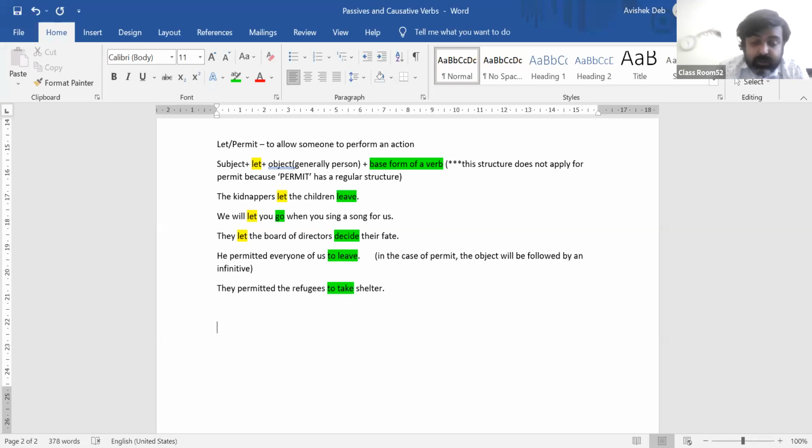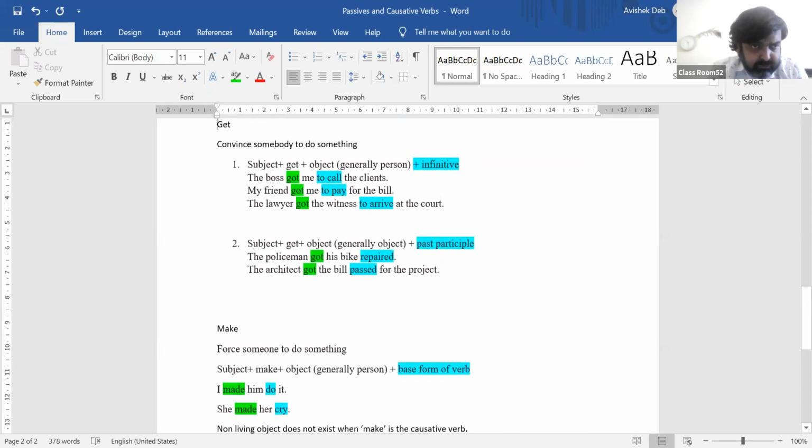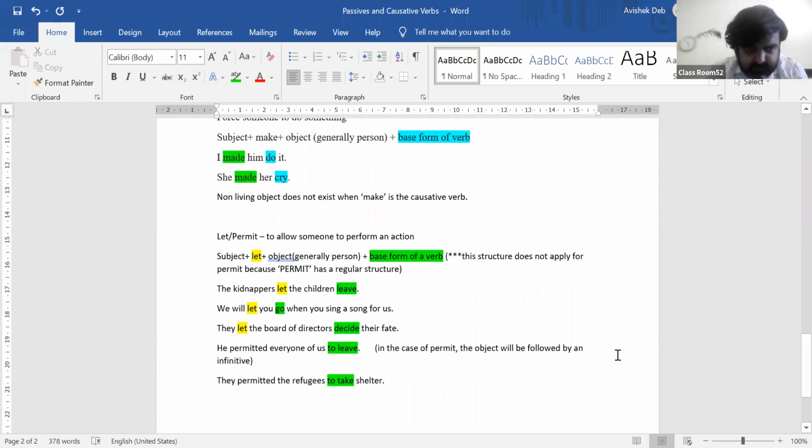Coming to the next particular causative verb, which is help. Help is another causative verb.